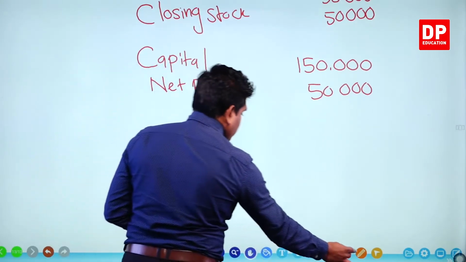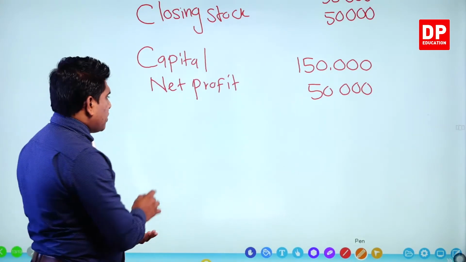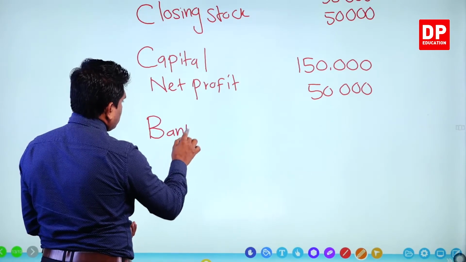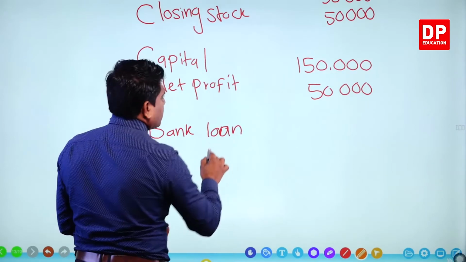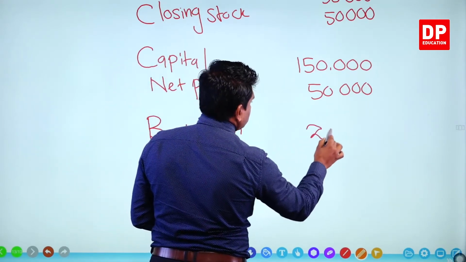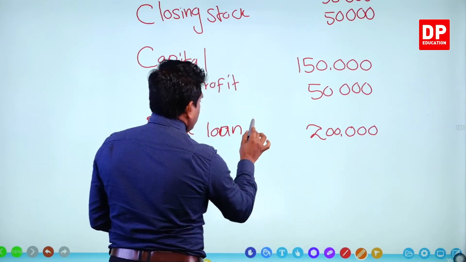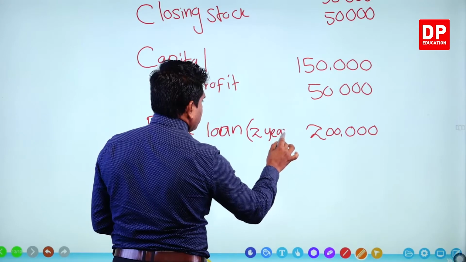Now, there are some liabilities. What are they? Bank loan 200,000. Right? Remember, it is 2-year bank loan. You have to settle within 2 years.